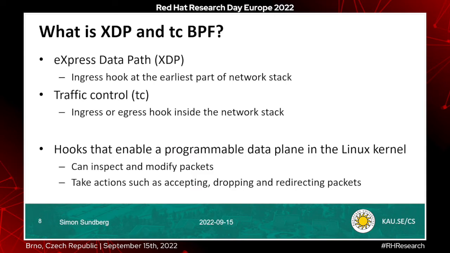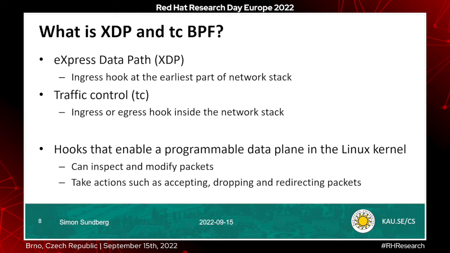And when we talk about eBPF and networking, two hooks you will hear a lot about are express data path and traffic control. Now, I don't really have time to go into details about what these hooks do exactly, but in general, these hooks basically trigger whenever a packet is sent or received. And they allow your little custom program to access this packet, so you can see the entire packet.